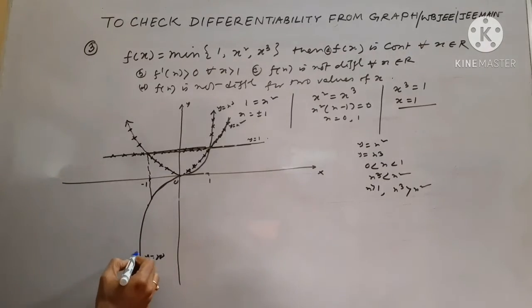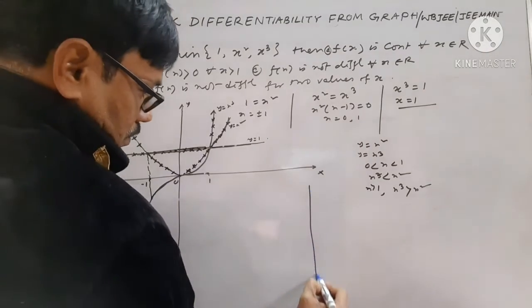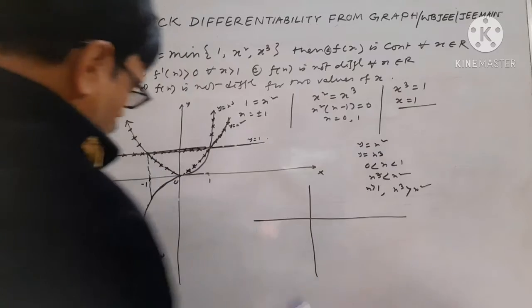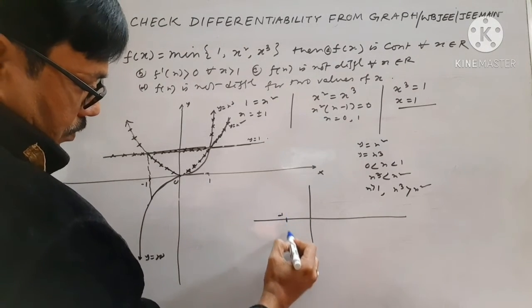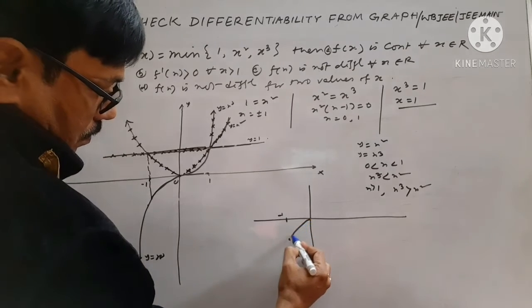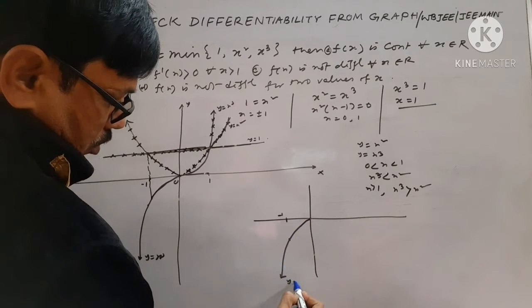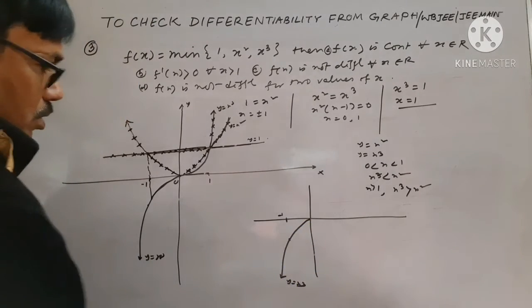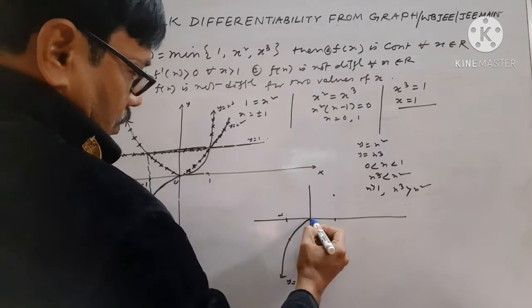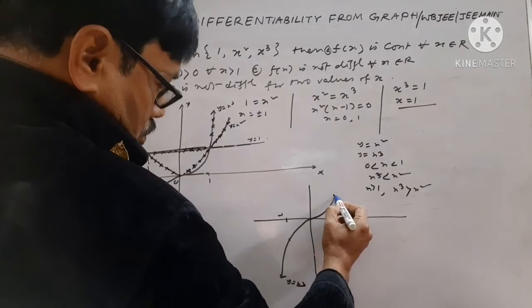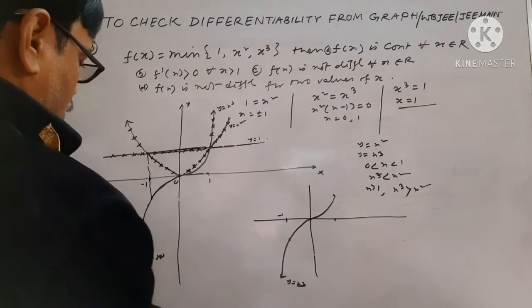So we are getting a figure. Look, this is minus 1. This is minus 1. This is y equals to x cube. This is 1, this one is 1. This is y equals to x cube.